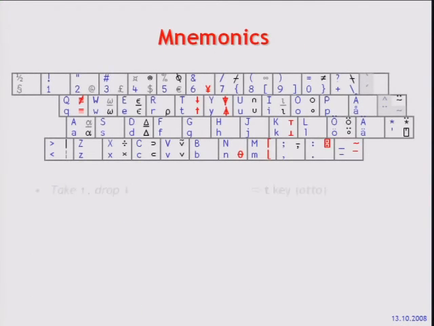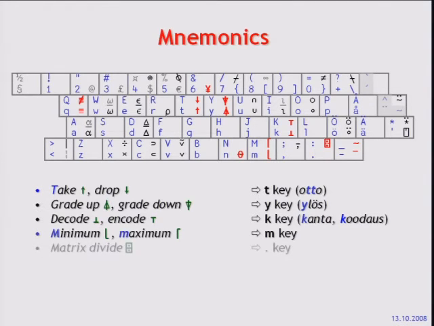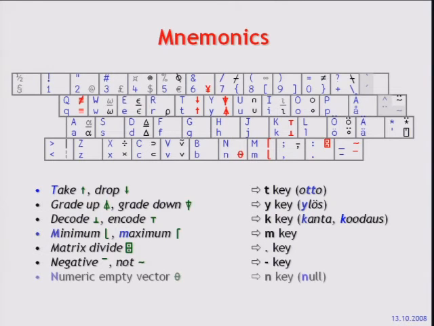Then we come to the mnemonics side. There are visual mnemonics and then textual mnemonics, which help. And I don't know why Adrian Falkov didn't put take on T. Because if I look carefully, the small t resembles an up arrow.